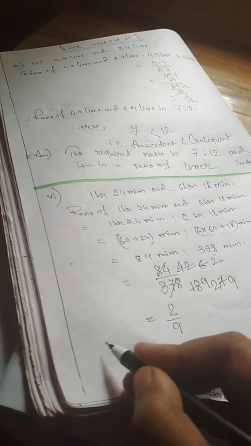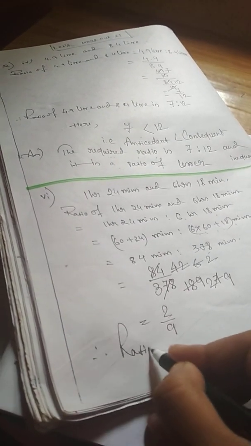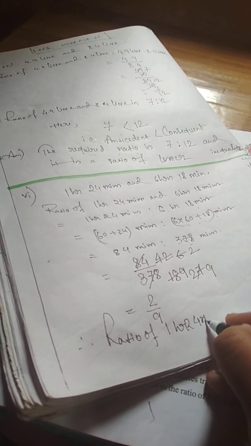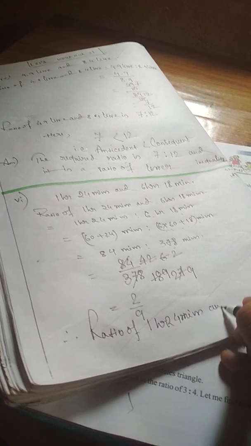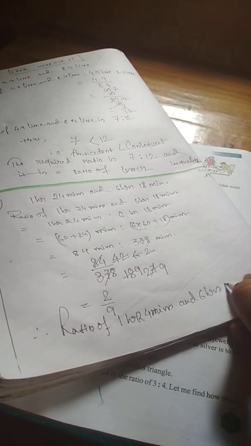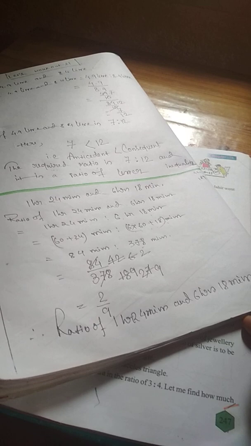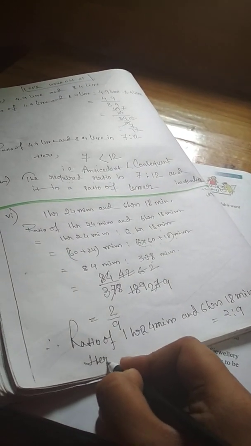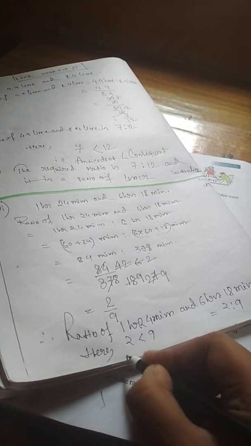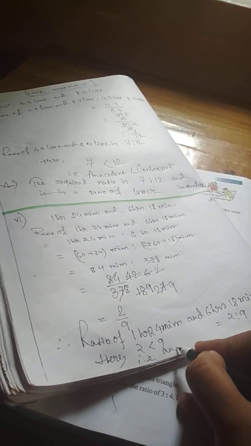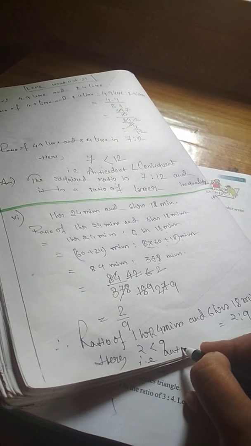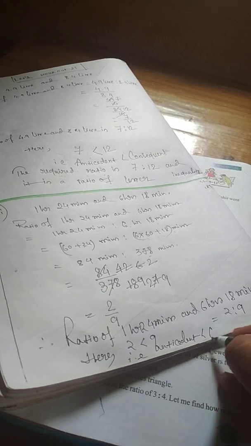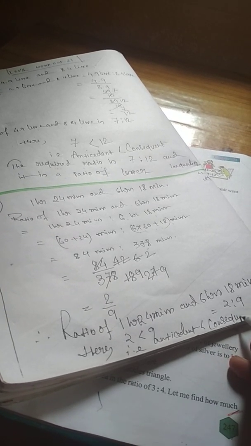Therefore the ratio of 1 hour 24 minutes and 6 hours 18 minutes equals 2:9. Here also 2 is less than 9, that is antecedent less than consequent.